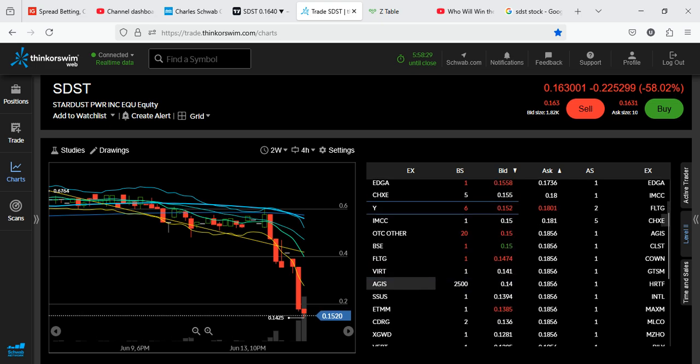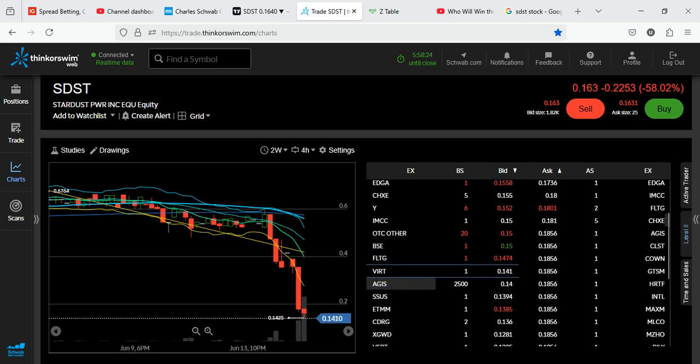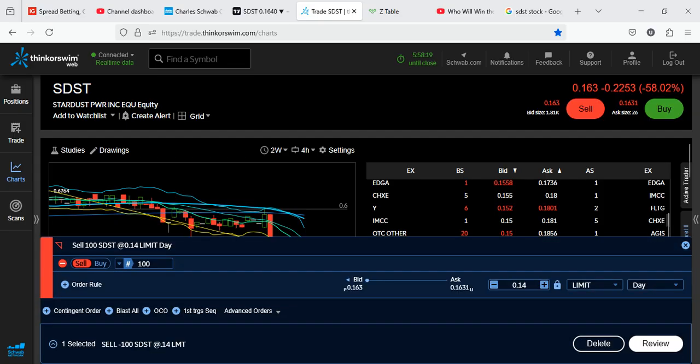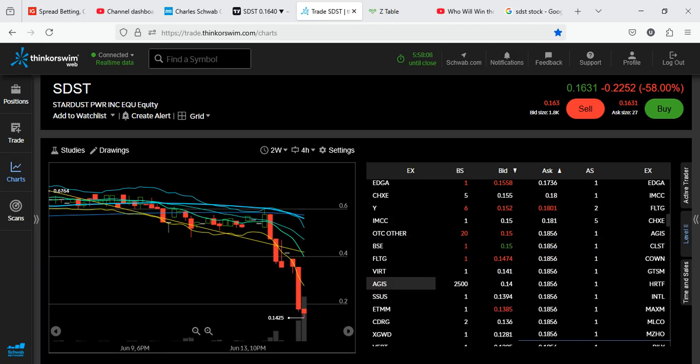Indeed, the volumes are there. You can see people are buying 2,500. People are buying this dip. So the buy or sell, I think it's a sell. Let me see.